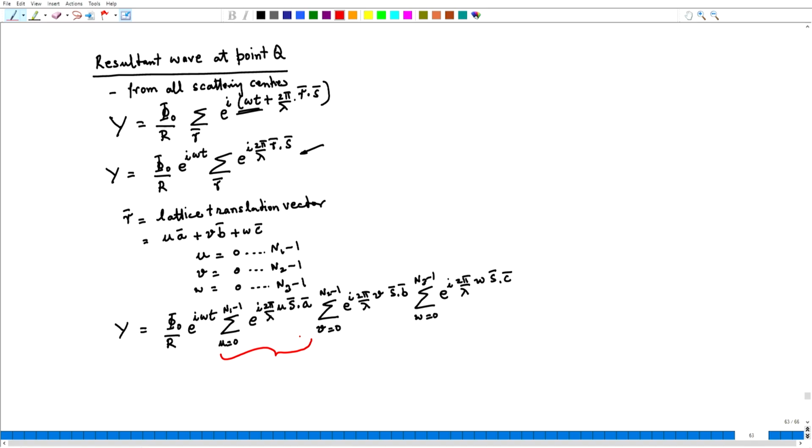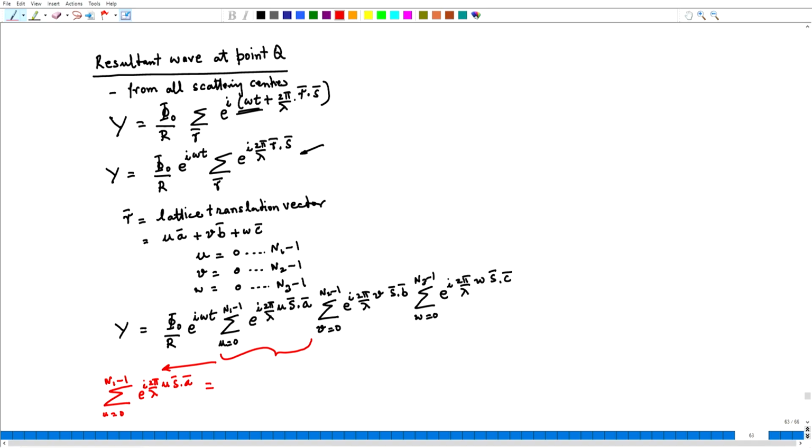So, if we can solve for the first summation, we will be able to solve for the second and the third summations as well. If you look carefully at this, let me take this first summation and let me expand this.